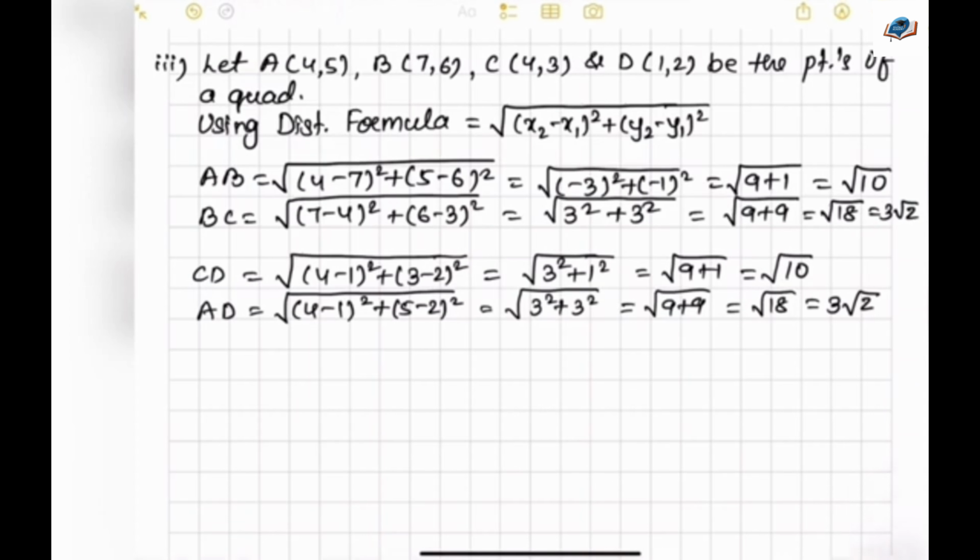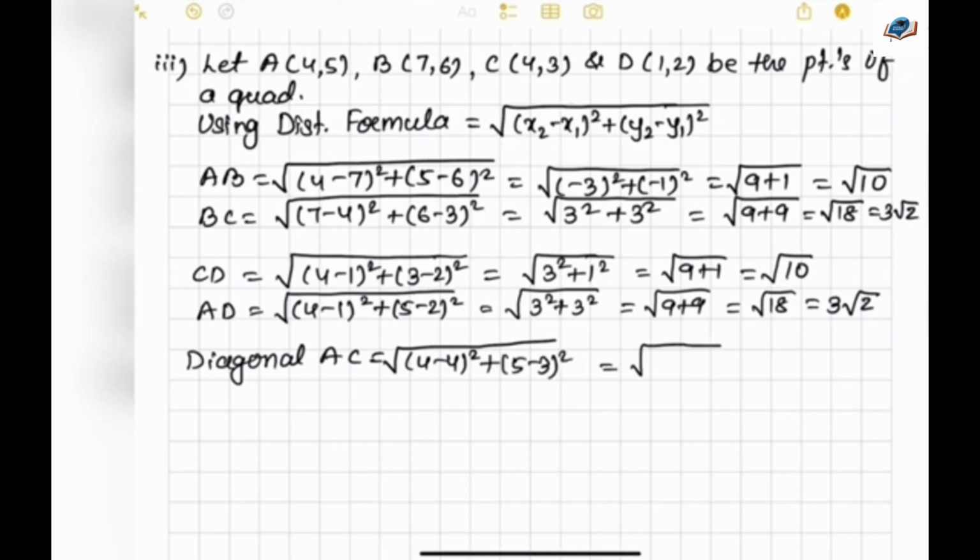Now let us check both the diagonals. So diagonal AC will be equal to (4 minus 4) whole square plus (5 minus 3) whole square. So that is 0 square plus 2 square. So root 4, that is 2.